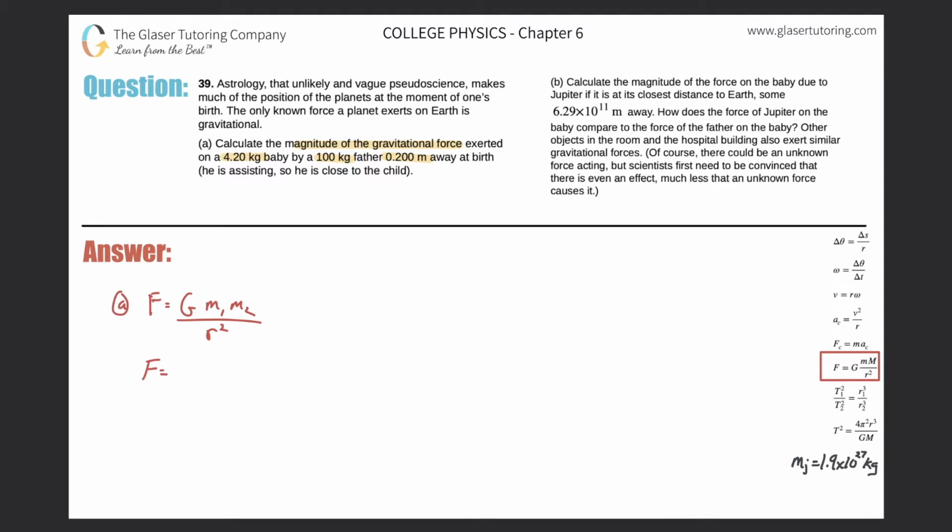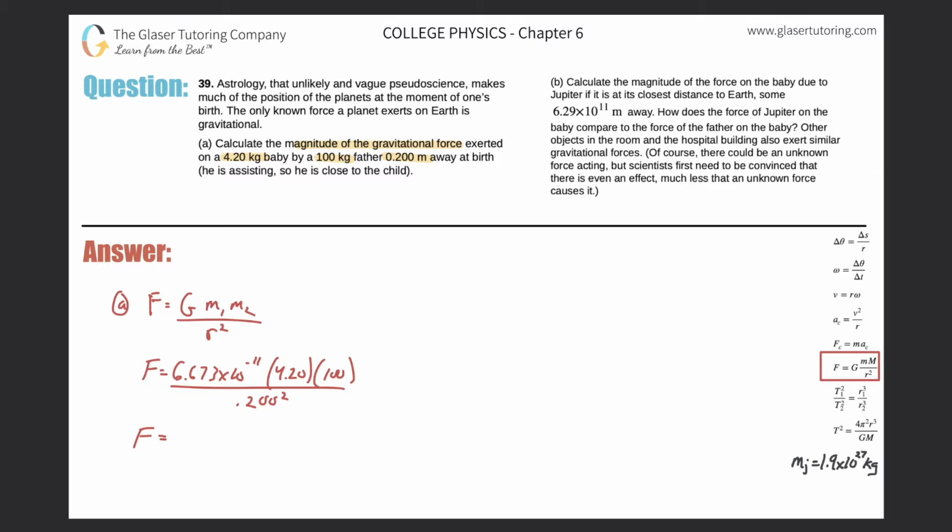So the gravitational force here will be equal to 6.673 times 10 to the minus 11 multiplied by one of the masses. Let's say the baby comes first, 4.20 kilograms. Then the mass of the second object, the father, 100 kilograms, all divided by their distance of 0.2 meters squared.